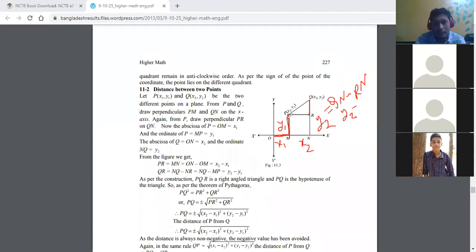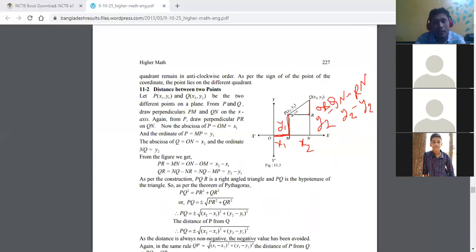RN and PM are equal, so it is y1. So QR is equal to QN minus RN. That is y2 minus y1. So we have got QR equal to y2 minus y1.